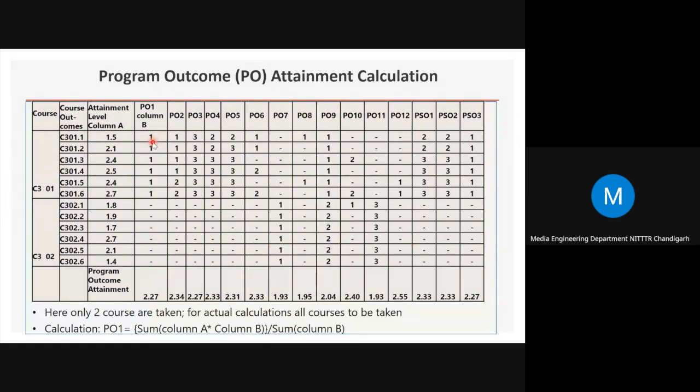This one in all columns shows that the mapping of this PO with these COs is very low, that means its strength is written as 1, and this second subject is not matching at all with PO1, so it has no mapping. Similarly, these ones and twos, these threes, all these values written under these columns show the strengths of the mapping. These are basically written from the CO-PO mapping tables.